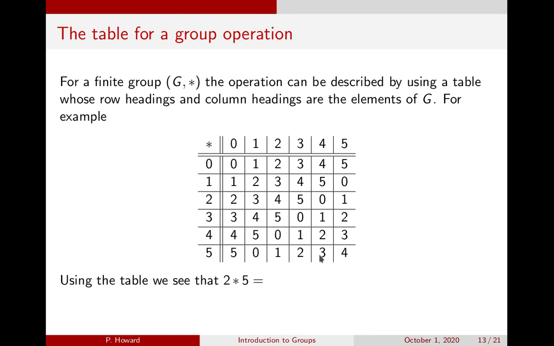According to this table, 2 star 5 is 1. We could calculate the star of any two elements of G using this table. For example, 3 star 2 would appear here, 3 star 2 is 5.